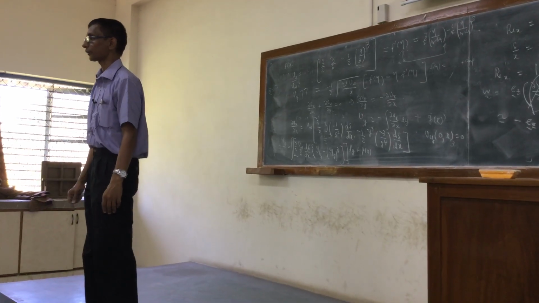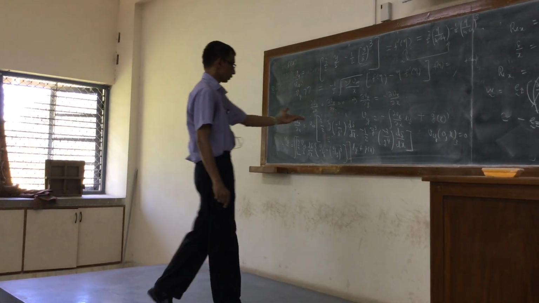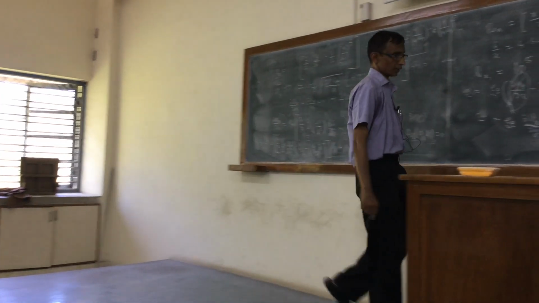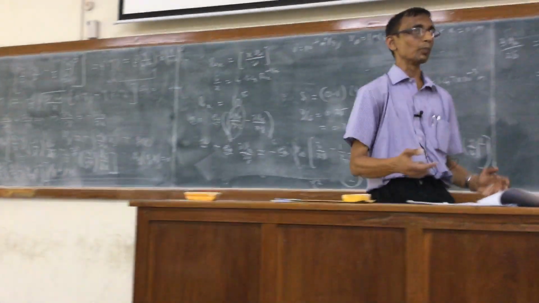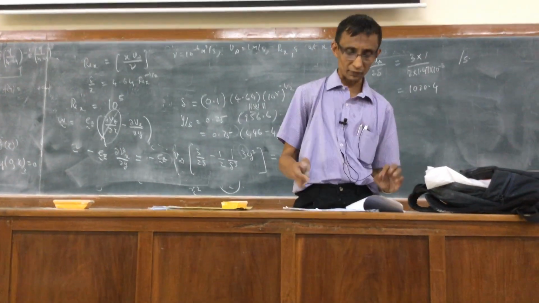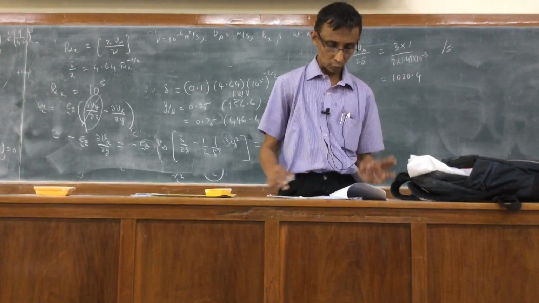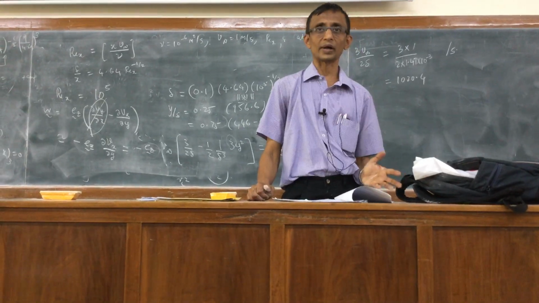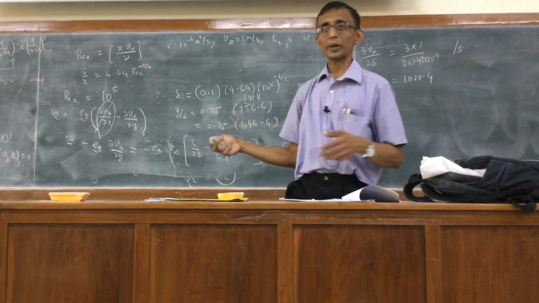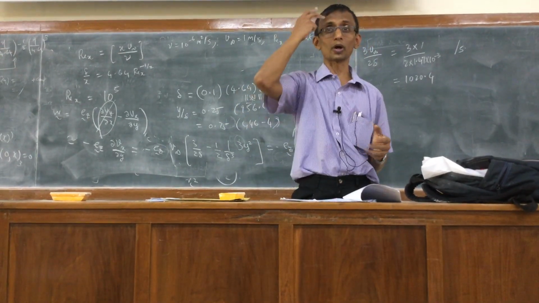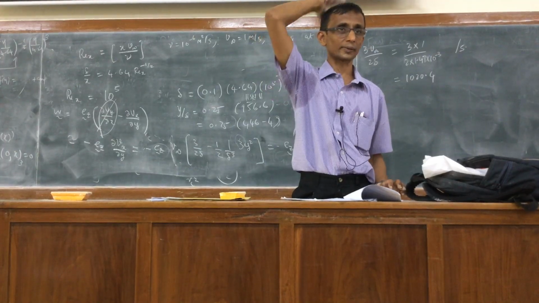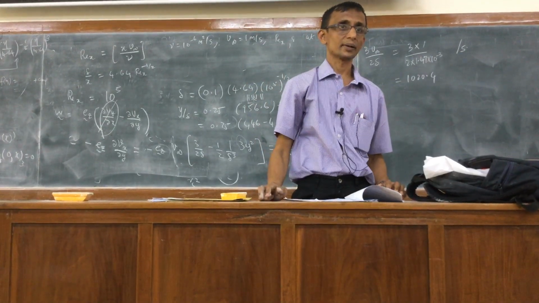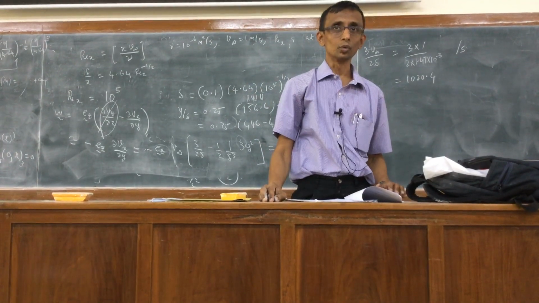It may be a good exercise in doing this differentiation and then substituting the numbers and calculating. I don't have the final answer, but you can do it and convince yourself. If you're getting a value that is an order of magnitude smaller than this, then probably your calculations are at least grossly right. Right? So that's what you have to do.